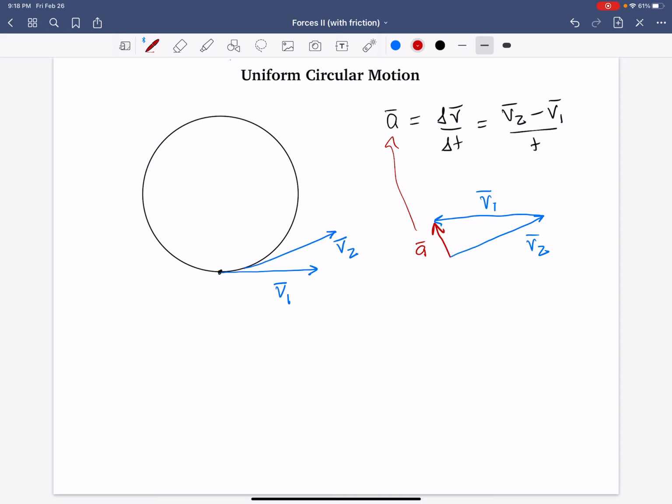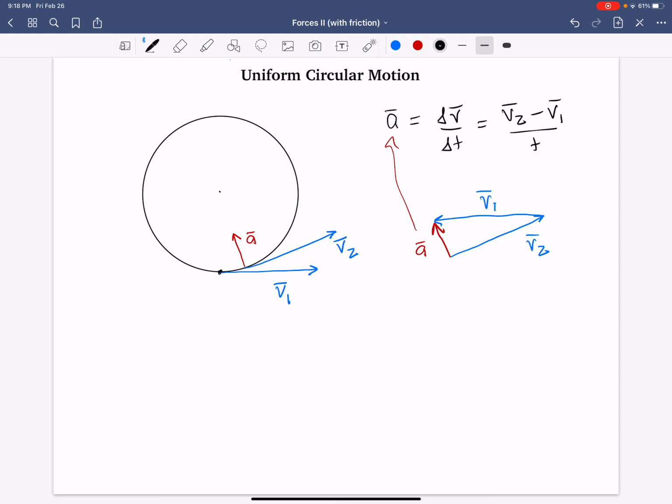And now I'm going to translate that acceleration vector in red back to the tail of v2 on the circle here. So I'm going to try and do it something like that. Look at which direction that points. It points exactly towards the center of the circle, somewhere right there.